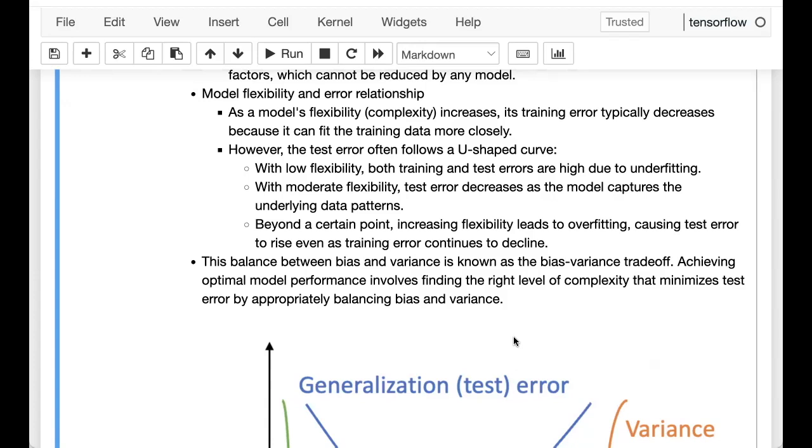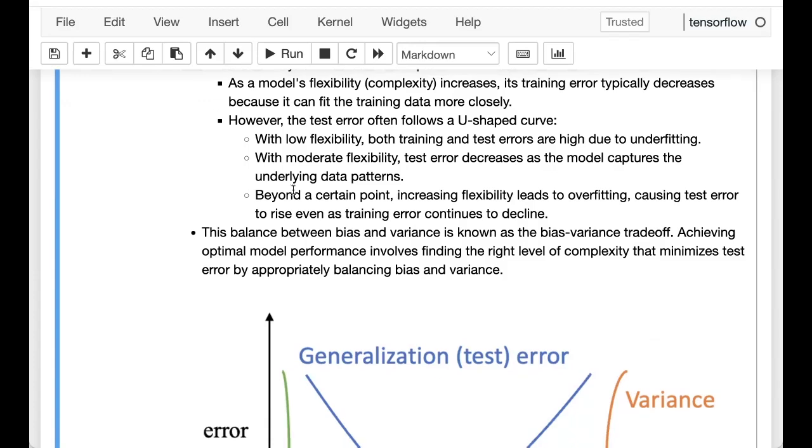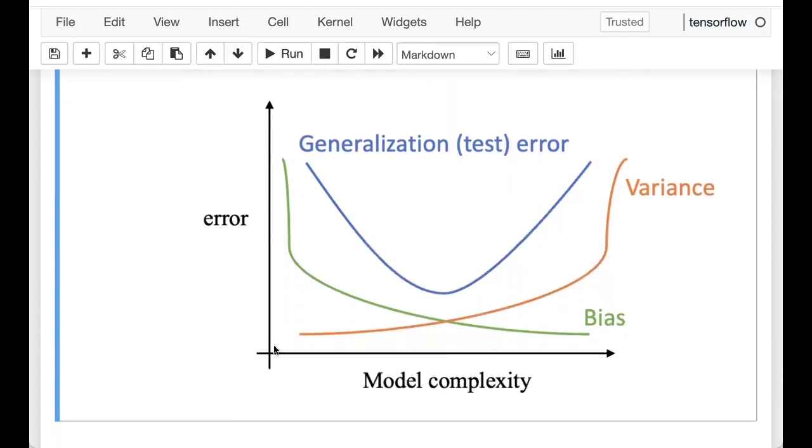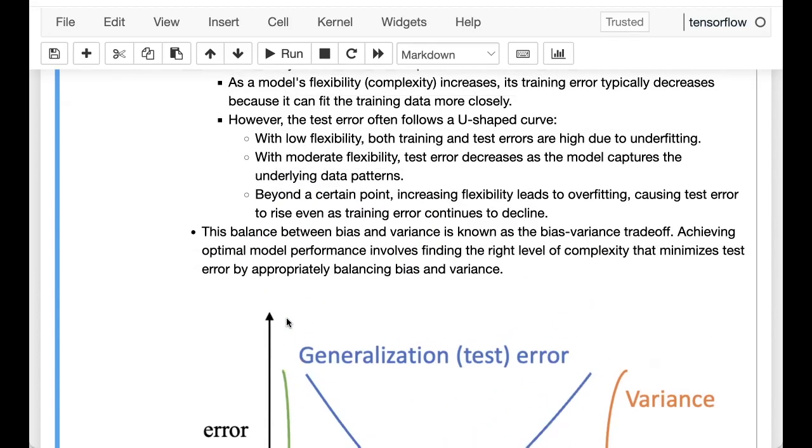However, the error on the test data or a new unseen data, which was not part of the training data, follows a U-shaped curve as a function of complexity. And what this means is that when we have low flexibility, meaning that the model complexity is low, both training and testing errors are high because of underfitting, right? So the model is not complex enough to capture the trends that we have in the training data.